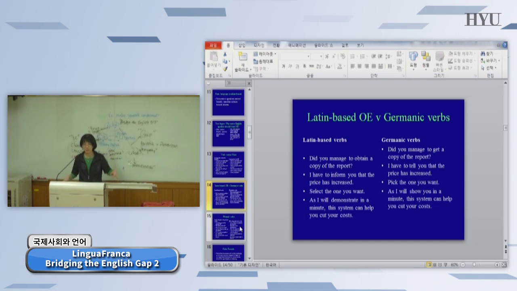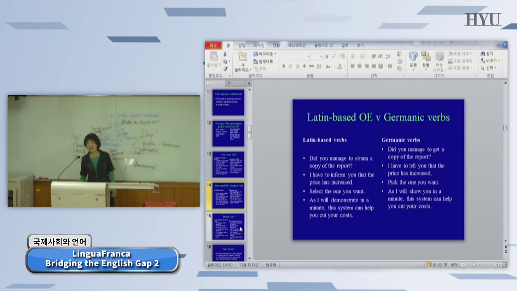These are examples of Latin-based verbs. So Asian people tend to feel comfortable with the use of these Latin-based verbs. I don't know why, but it's their tendency.